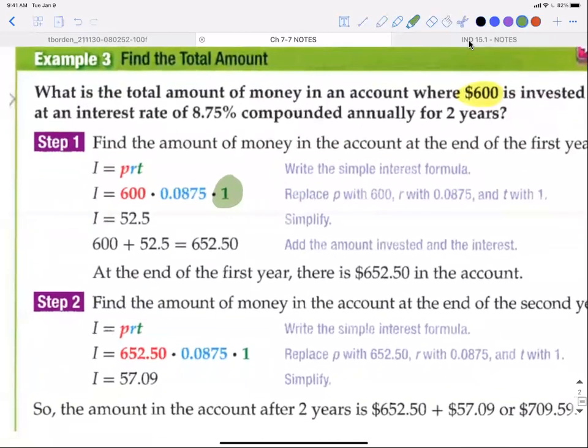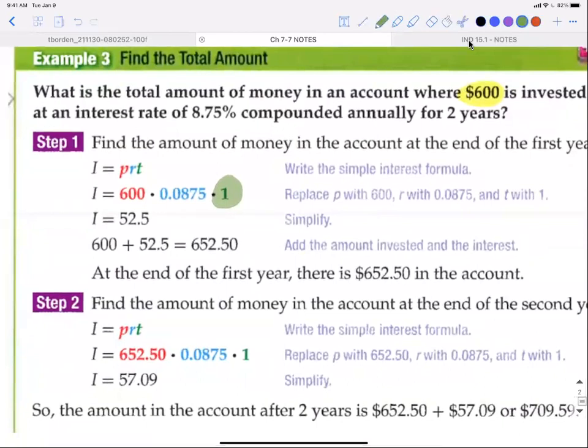So you tally it for year 1. When you tally it here, this is year number 1. In year number 1, you earn $52.50 in interest. You need to add that to the initial 600. So the total amount you have after year one is $652.50.